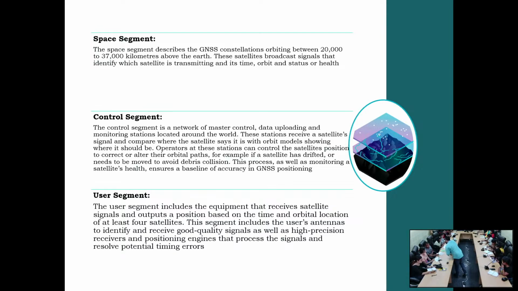GLONASS, Russia, global, 24. Good. Galileo, ESA, European. Number of satellites, 26. Galileo 26, GLONASS 24, GPS 31. Good. So everyone is getting it, I guess. Don't worry, I will update the PPT and then I will give you that PPT. So now we will move to BeiDou.